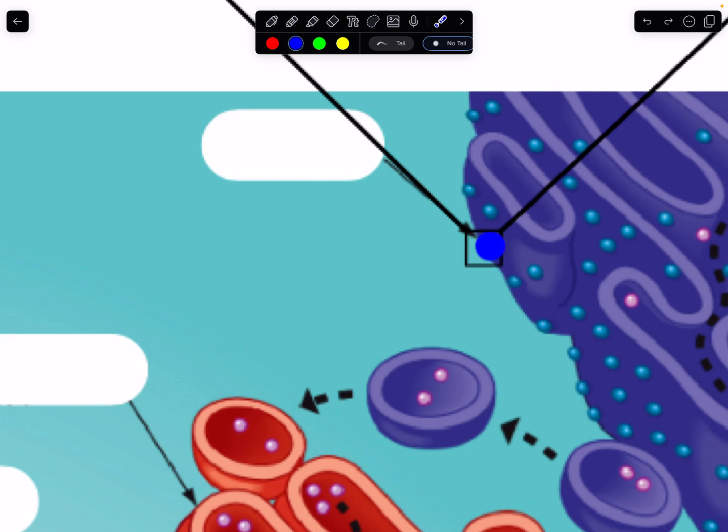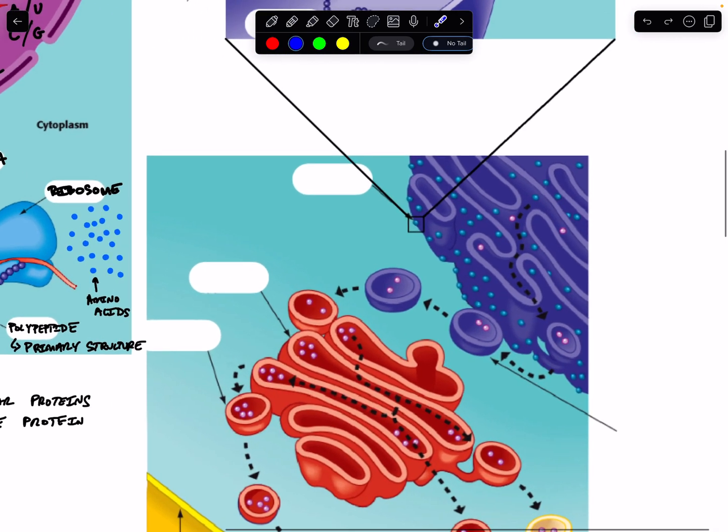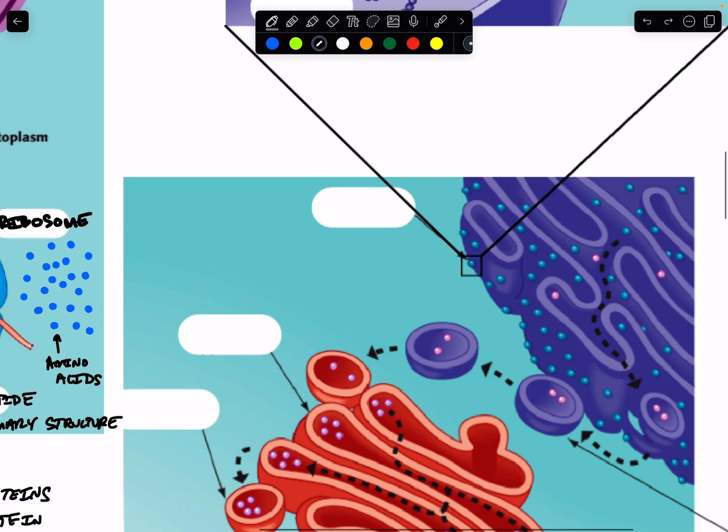This tiny little blue dot is our very own ribosome right here. So this ribosome has actually just discovered that this protein is going to end up extracellularly. It's going to end up outside the cell. So it takes this message that was in the cytoplasm and the growing protein, and it brings it over to, you know it, the rough endoplasmic reticulum, the RER.